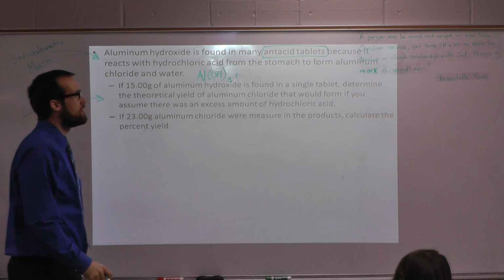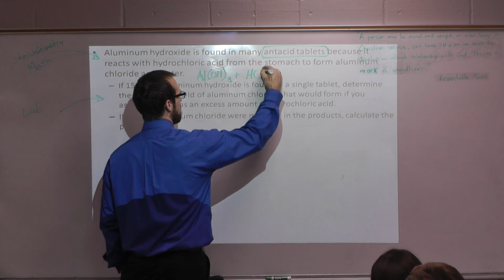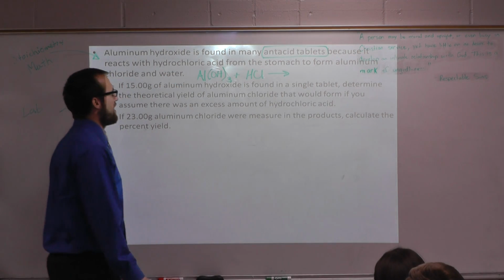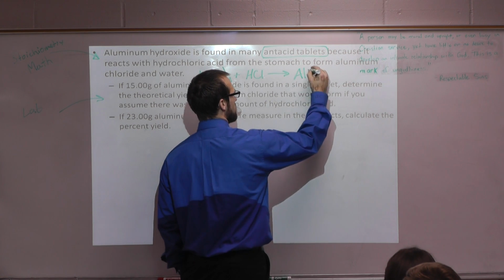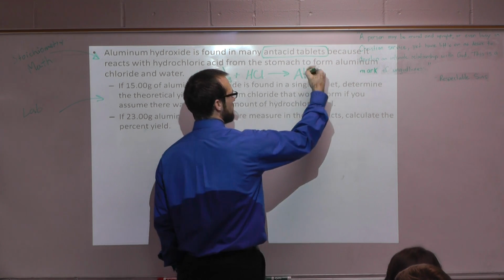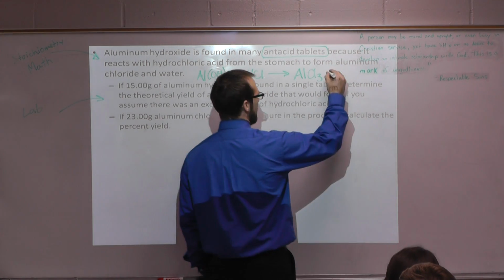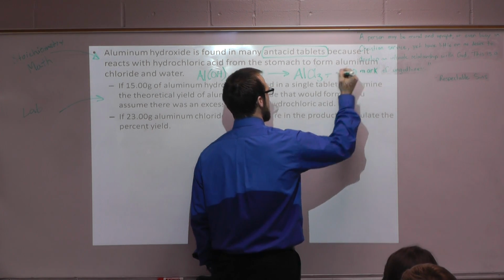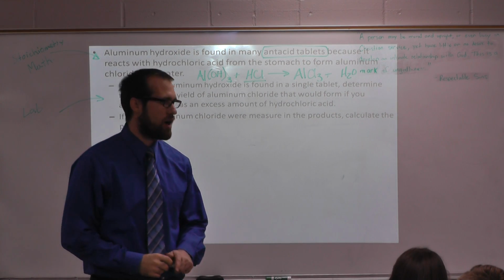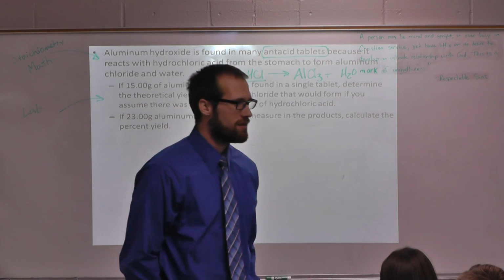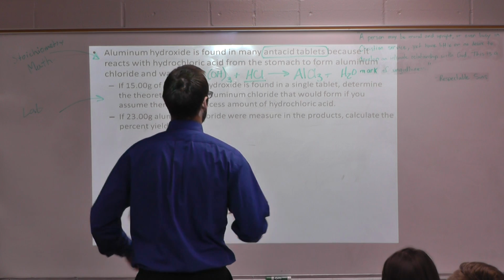Okay, hydrochloric acid, that's HCl, goes to produce a very, very non-hostile salt known as aluminum chloride. 3+, 1-, crisscross down. And H2O. So we're taking nasty stomach acid and turning it into a salt that doesn't do anything and water that's not bad for you. Makes sense. Okay? Next we're going to balance it.